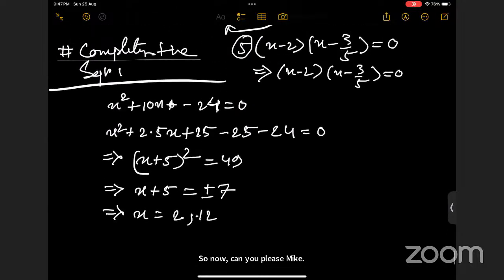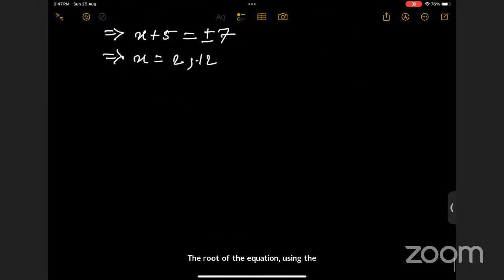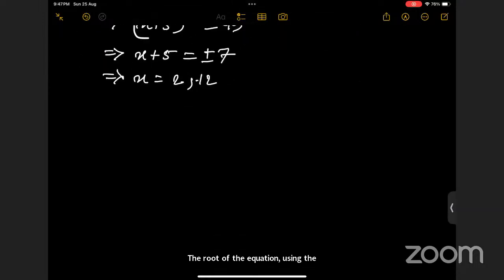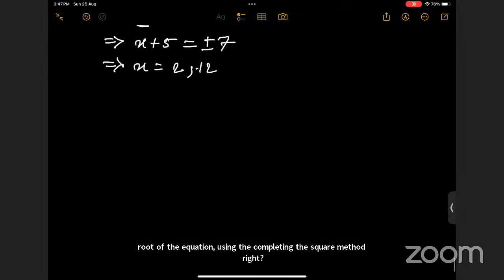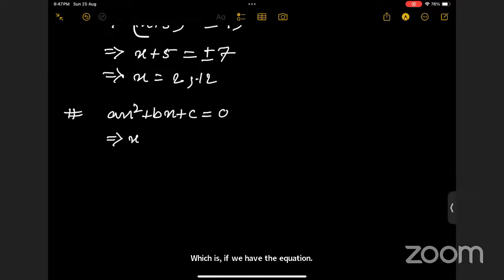So that is how we can calculate the roots of the equation using the completing the square method, right? Using this, we arrive at a new formula: if we have the equation, then directly we can calculate the roots with the help of this formula.